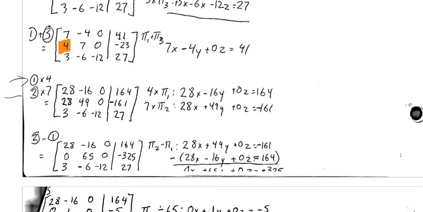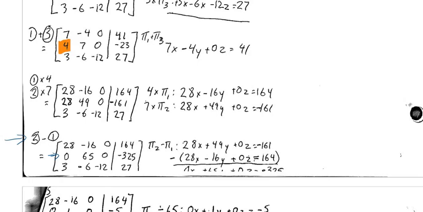Now that the x values are the same, now we can just subtract the 2 rows, which we're going to do in the next spot. So we're going to take equation 2 and subtract 1. So now we have 0, 65, 0, and -325, which essentially is just elimination.